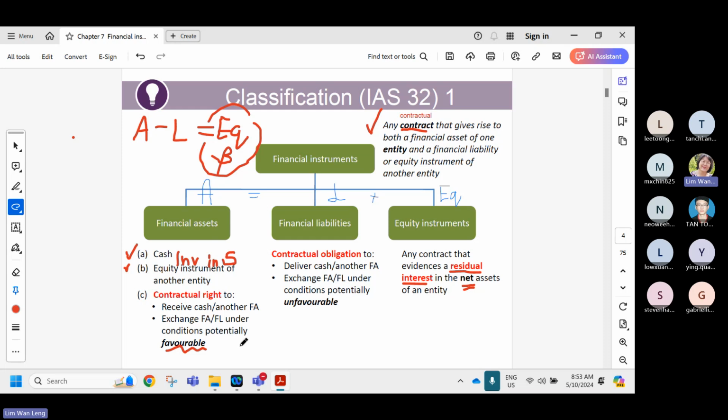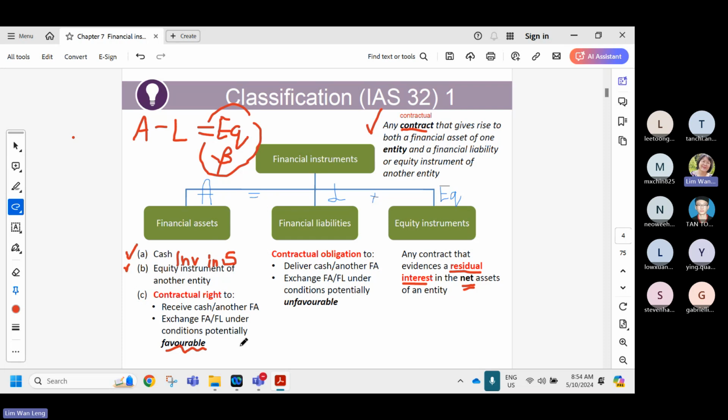In other words, if you have a trade receivable, which means you sell goods to your customers and let them owe you first, you created a trade receivable.